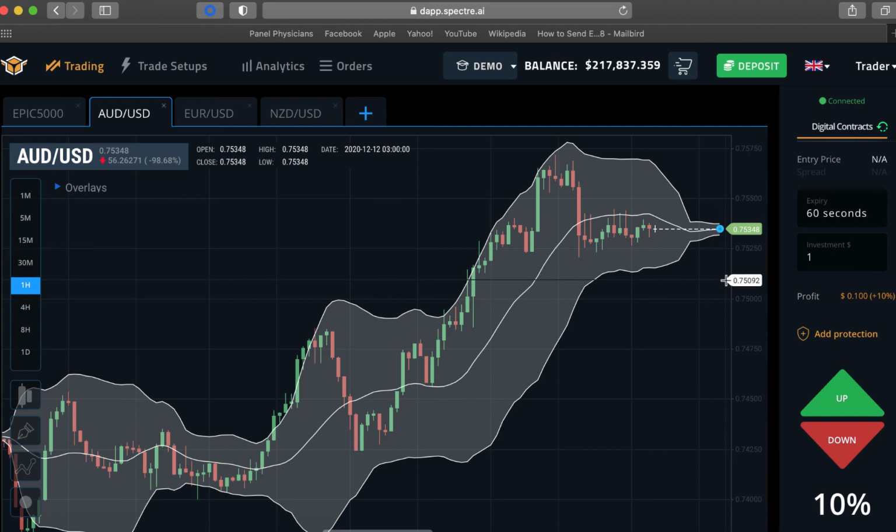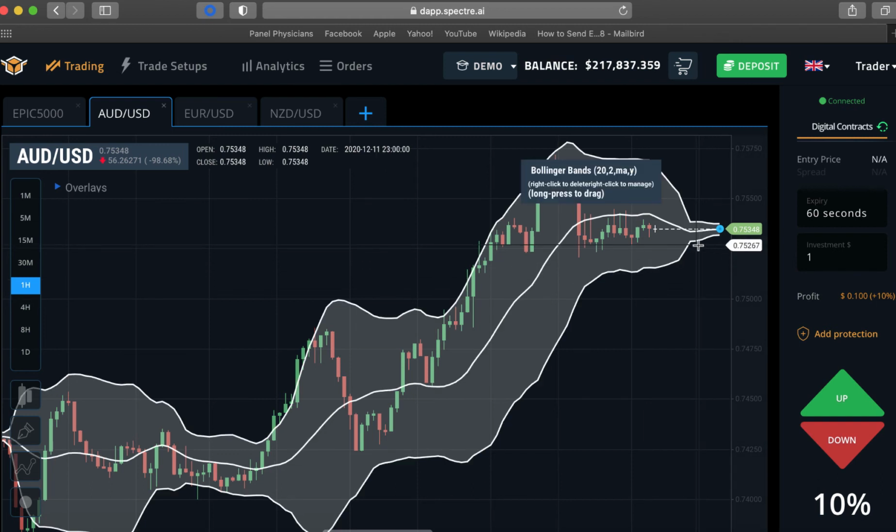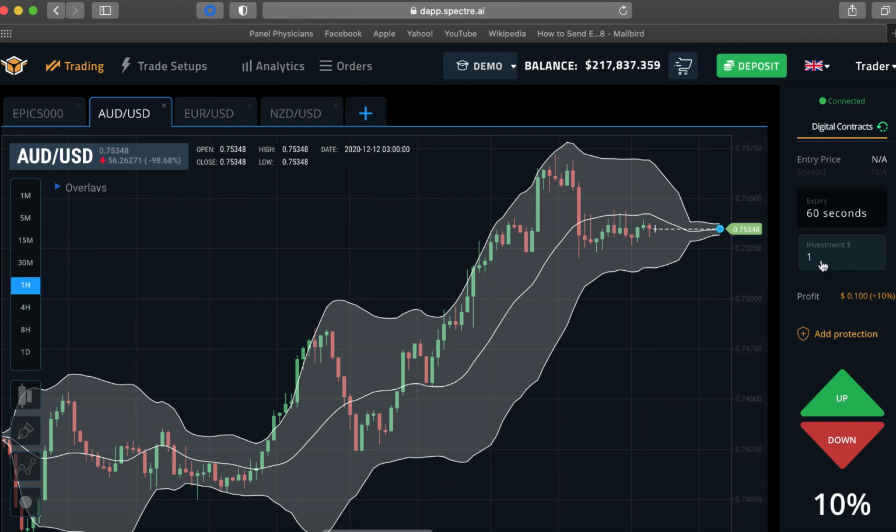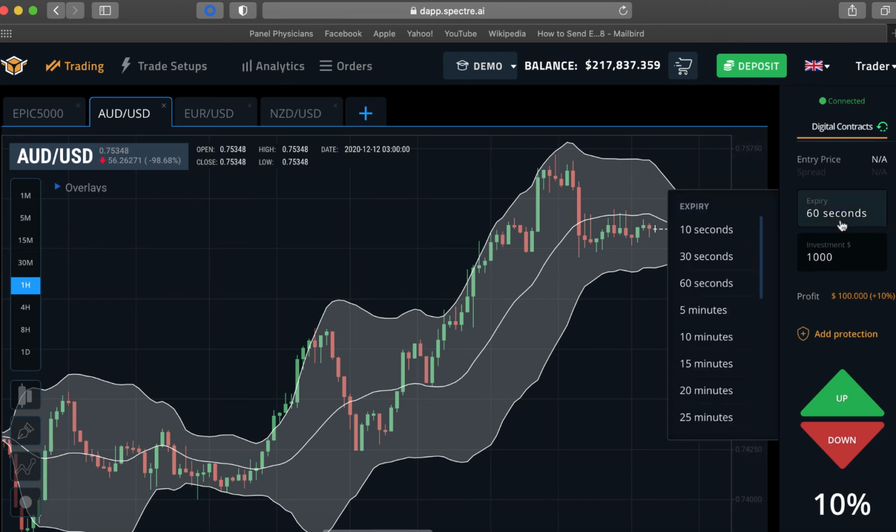If I'm sure of my technical analysis or my knowledge of trading, I predict the market is going to go down, and I put an investment amount of, let's say, $1,000, and I can choose how long I want to keep this trade open for.